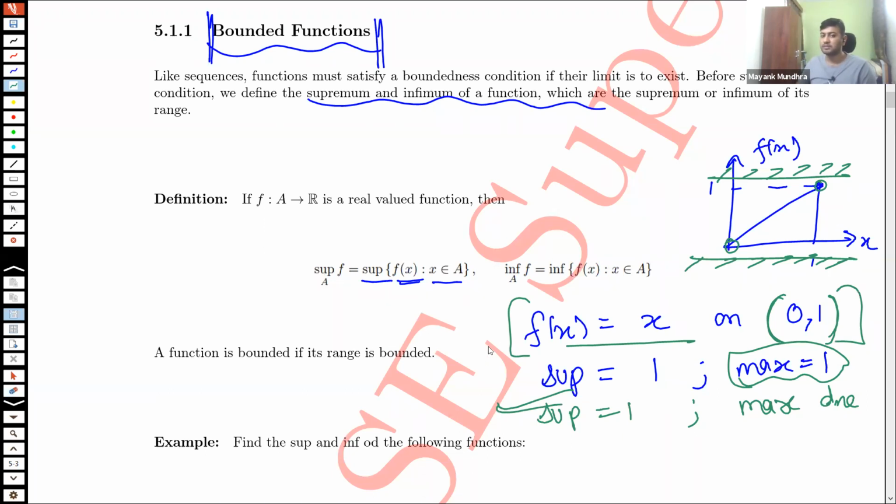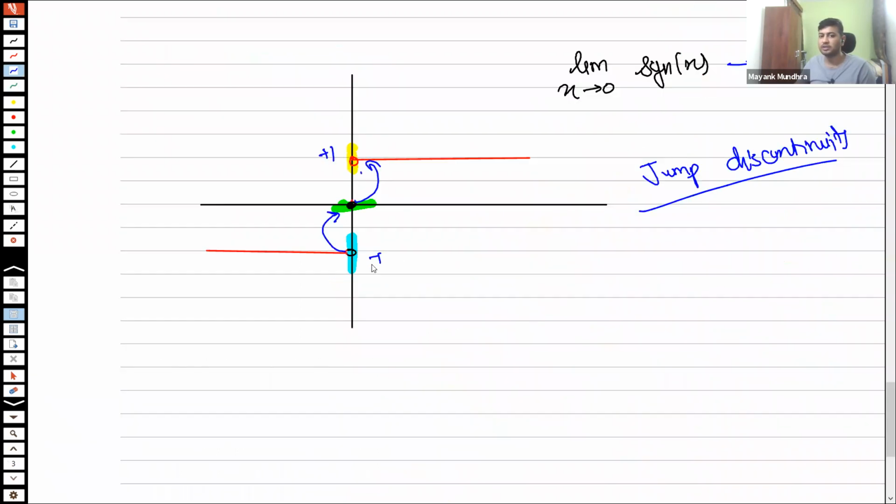The definition of supremum is something which is greater than or equal to all the functional values, and there is no smaller number like this.